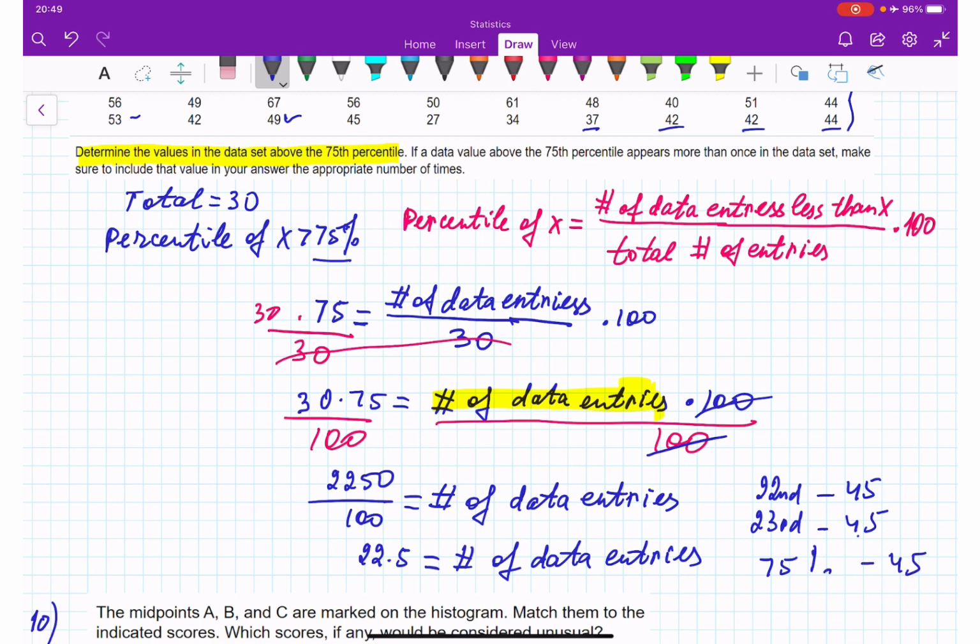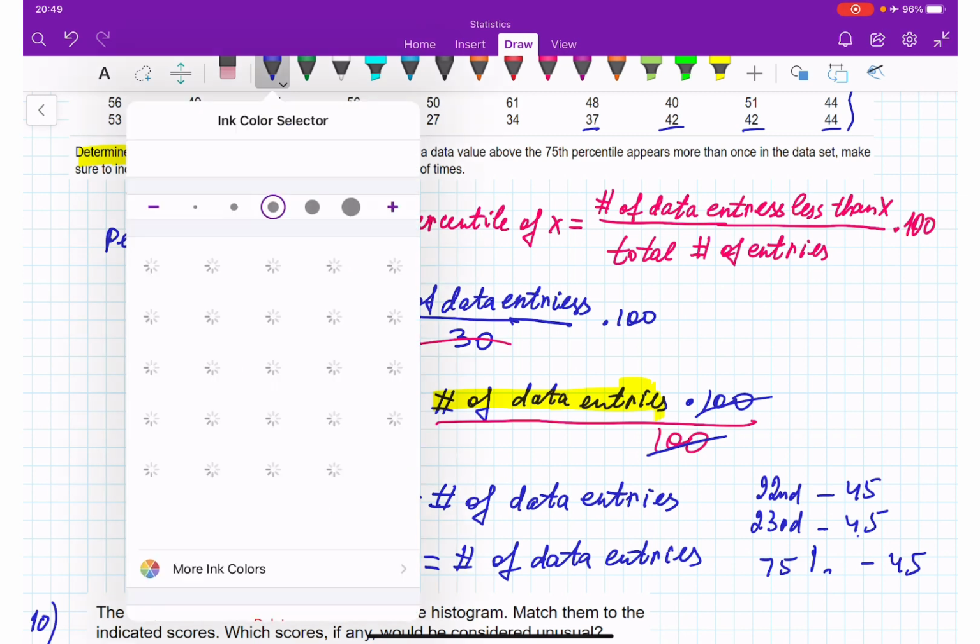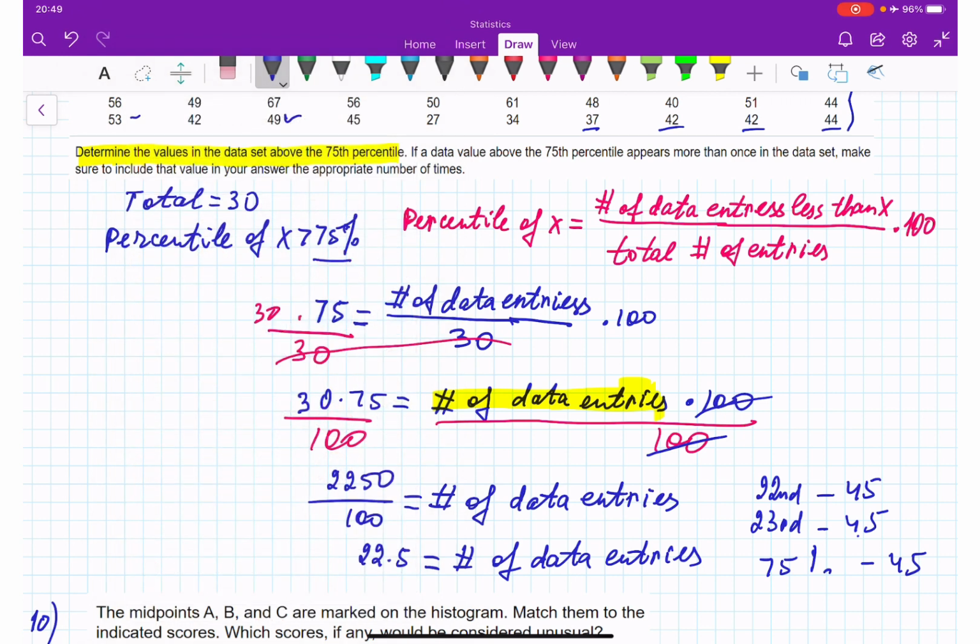But if the 22nd position is 45 and the 23rd is 50, then you take their average, which is 45 plus 50 divided by 2.